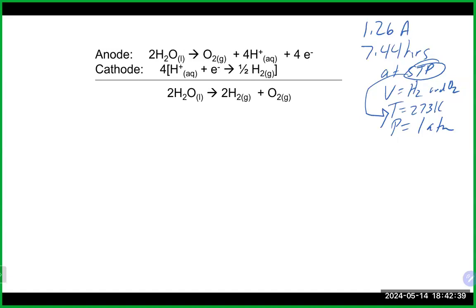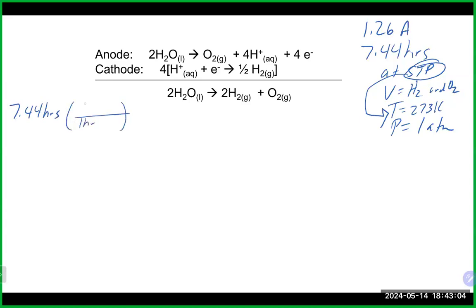Okay, so let's take a look since we're getting towards the end here. The beginning of this is going to be pretty similar to the last one. We have our amperage, how long we're running the cell for. From that, we could get our coulomb charge, and then we could use Faraday's constant to get our moles of electrons. So doing that, we're again going to convert our hours into seconds so we're in the correct units.